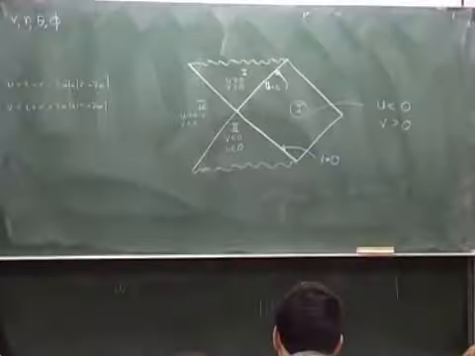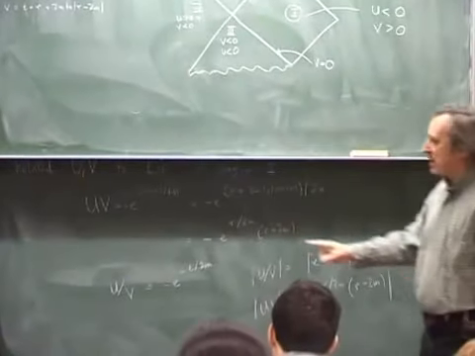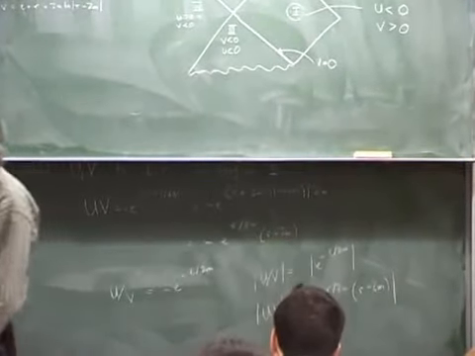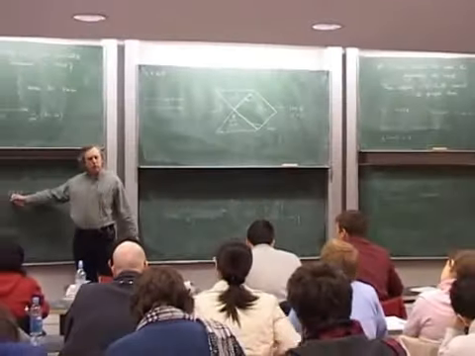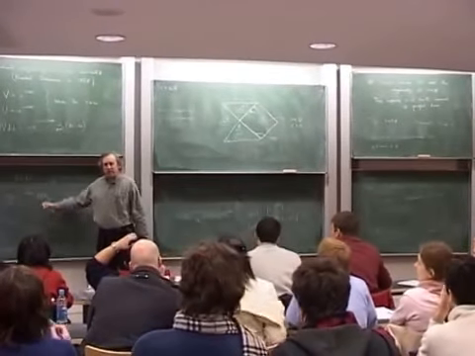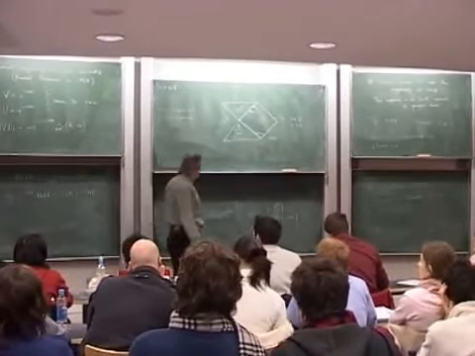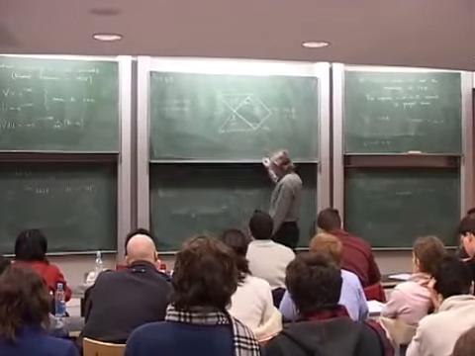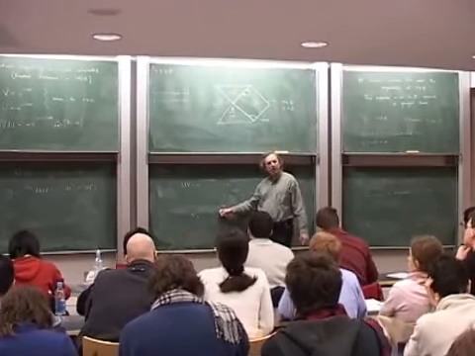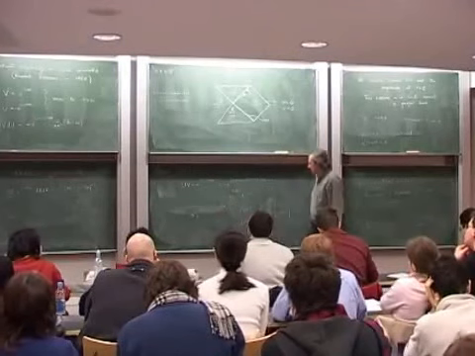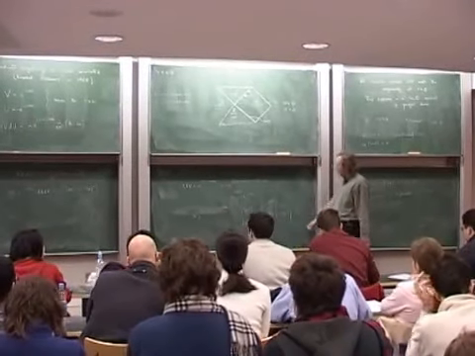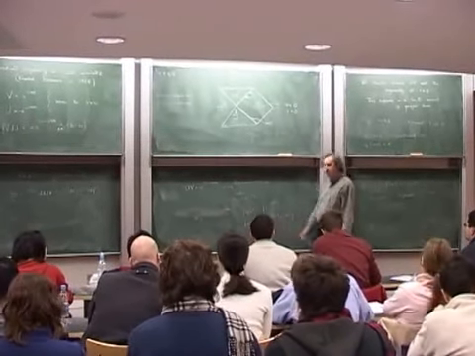Now that's sort of obviously right, because if you stare at this expression, sending U to minus U and V to minus V doesn't change anything, and neither does it change anything here.